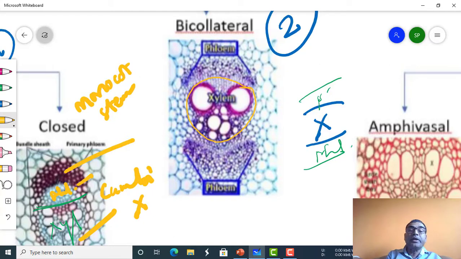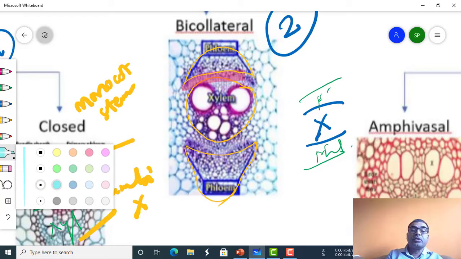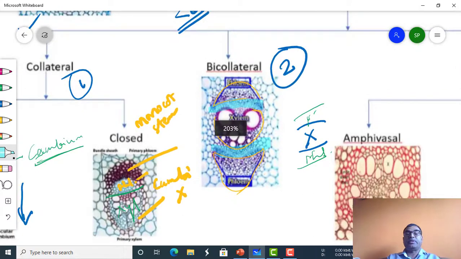Okay, and this xylem is surrounded by this one patch and this one patch of phloem, and in between xylem and phloem you will observe this type of cambium. So if you see here, such a type of structure is present.